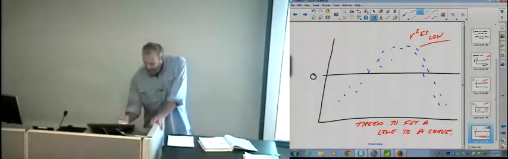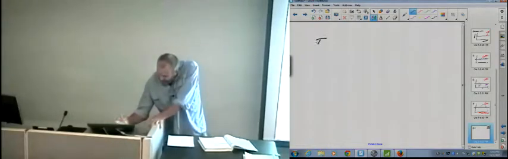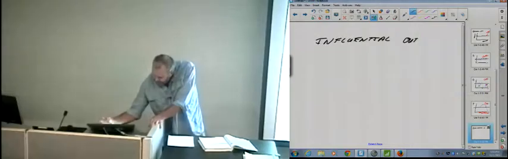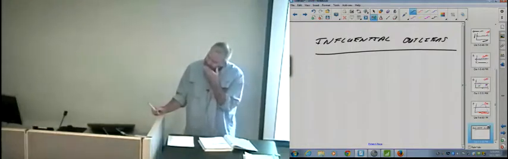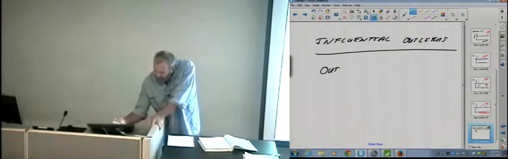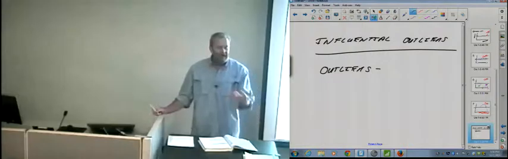Now, I'm going to do this my own little thought here. And when I think about influential outliers, okay? The first thing is, outliers in general on a scatter plot, when you're looking at these two quantitative variables, they can be extreme. You got all kinds of choices here.